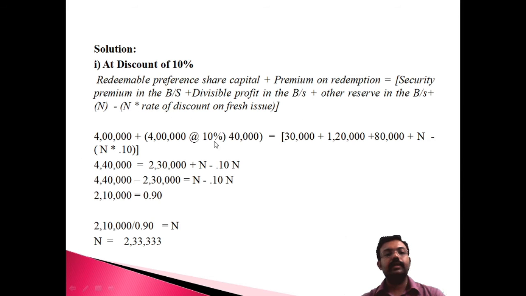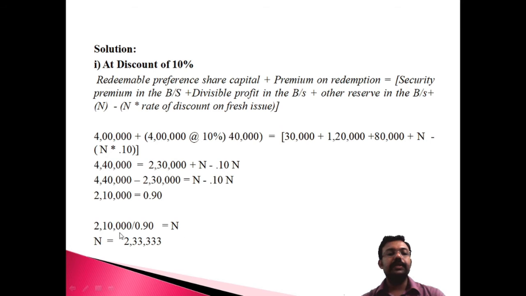The same figures are here, with only one change: n minus the discount of 10%, that is 10 by 100, 0.10. So you substitute 4,40,000 equals 2,30,000 plus n minus 0.10n. That means 2,10,000 equals 0.90n.